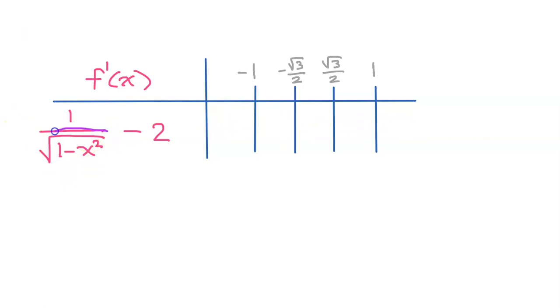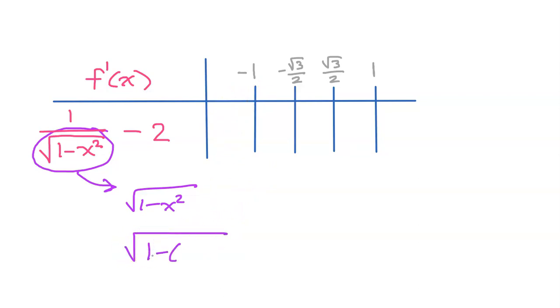Actually, I want to focus on the denominator here for a moment, the square root of 1 minus x squared. If we pick a value in this first interval, so imagine a number that is less than negative 1, for example, negative 2, then we would have the square root of 1 minus negative 2 squared, and that would give us the square root of 1 minus 4.